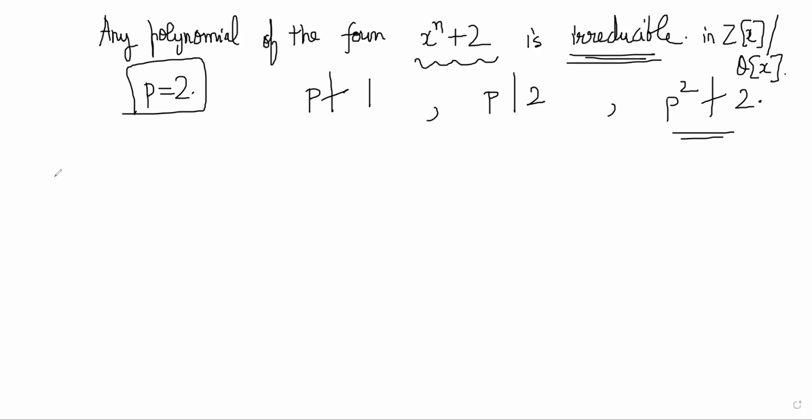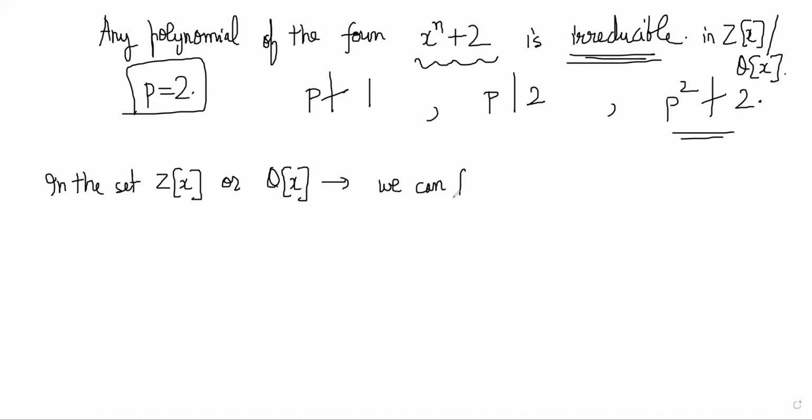So now that means that in the set Z of x or Q of x, we can find irreducible polynomials of any degree. Why?